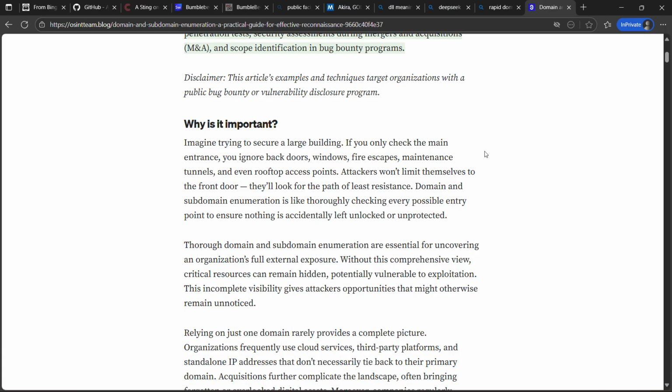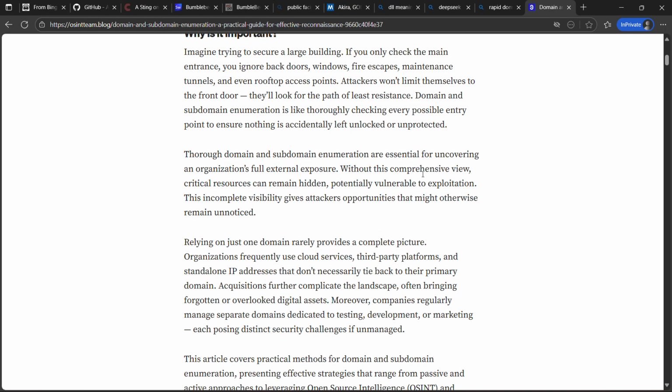Domain and subdomain enumeration is like thoroughly checking every possible entry point to ensure nothing is accidentally left unlocked or unprotected. It is essential for uncovering an organization's full external posture.